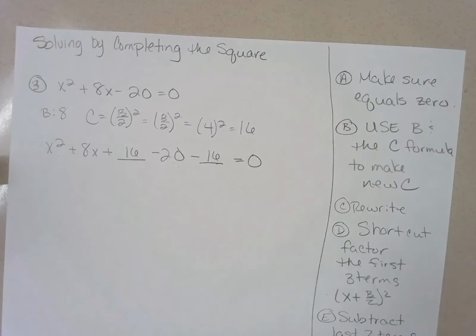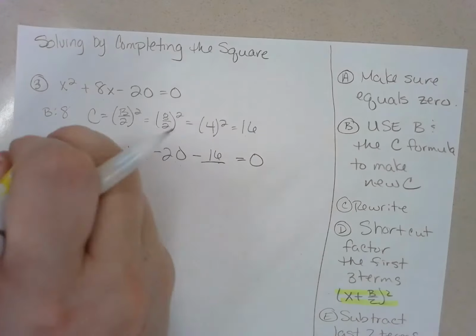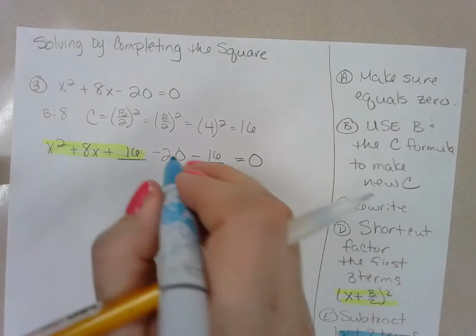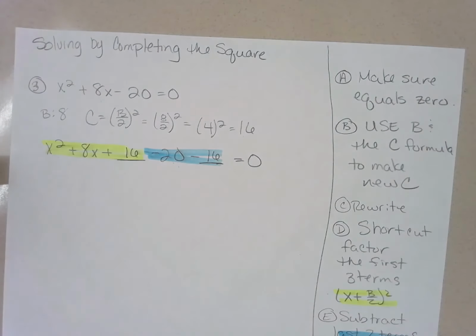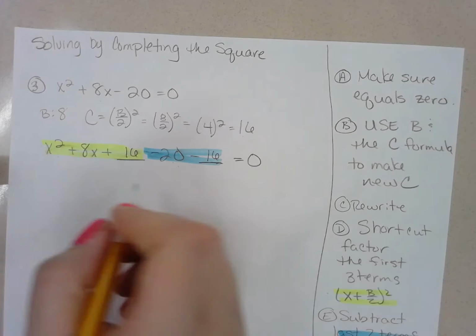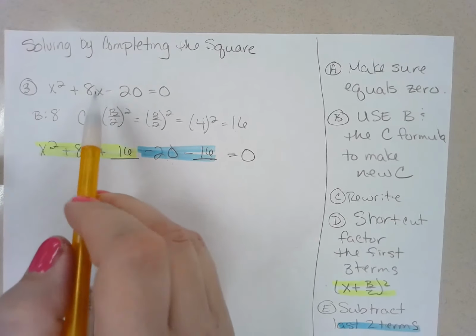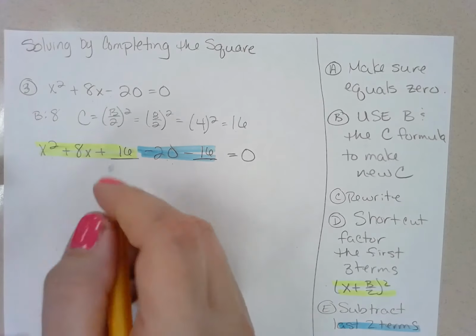Same thing as before: shortcut factor the first 3 terms, subtract the last 2 terms. We're taking that standard form and turning it into vertex form so that we can solve it, because there's no way you can solve this problem with an x squared and an x in it. We need to get it down to where we just have one x.